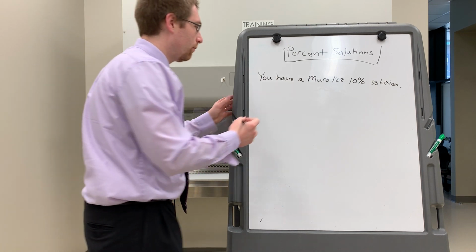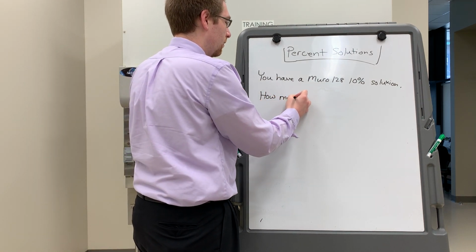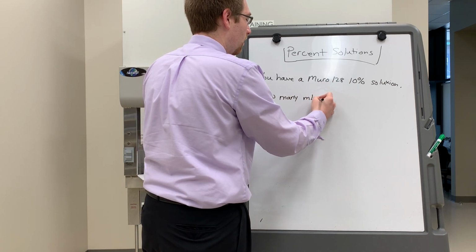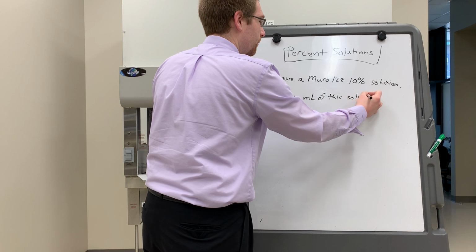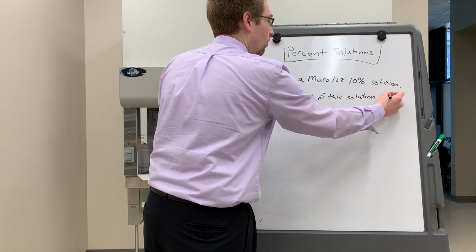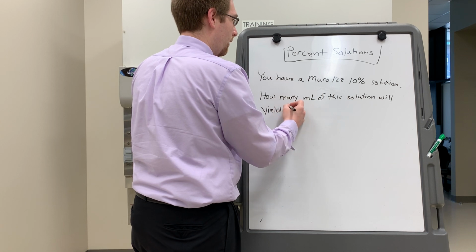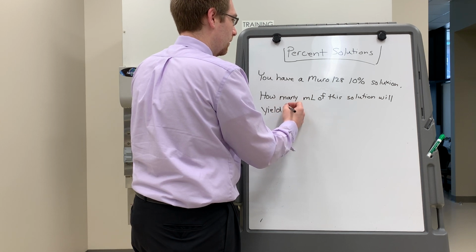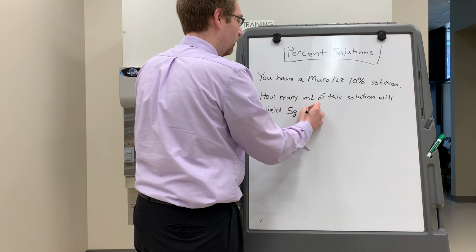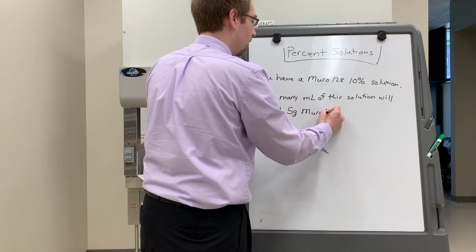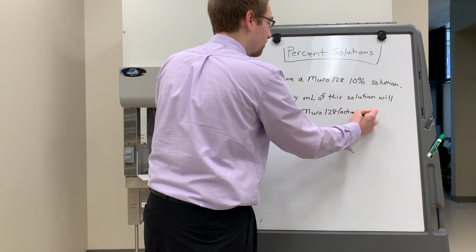You want to know how many mLs of this solution will yield, let's say, 5 grams of Mura 128. And Mura 128, as a reminder, is the active ingredient of this particular product.